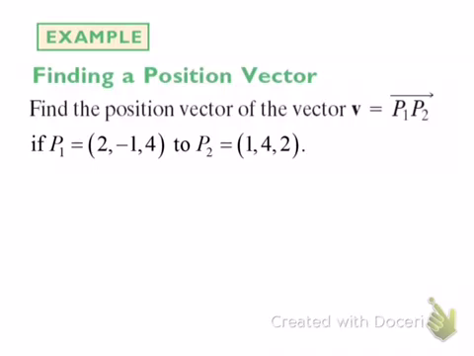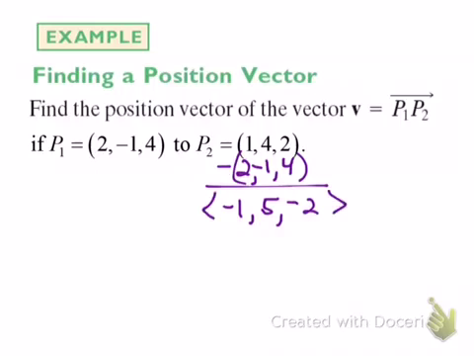So let's go through an example, and we're looking for this position vector, and we know it's starting with P1 and going to P2. So I'm going to copy over this P1 underneath and subtract. So I'm subtracting all of this, so 1 minus 2, and then 4 minus -1, and then 2 minus 4 is -2.